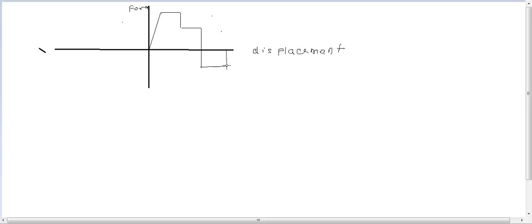Okay, so displacement is some value. This is the force. So let me write down the values.